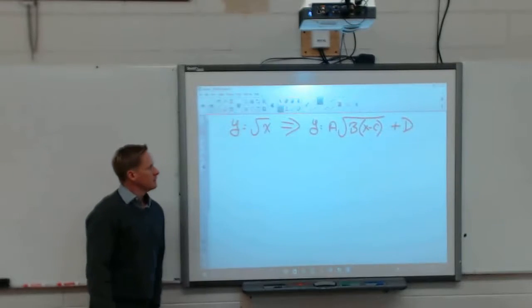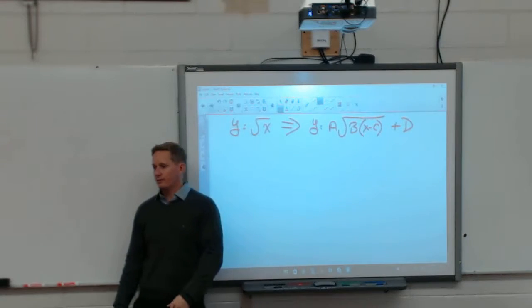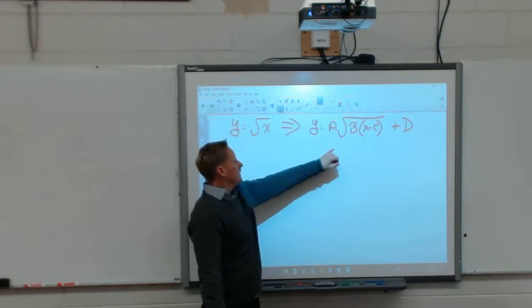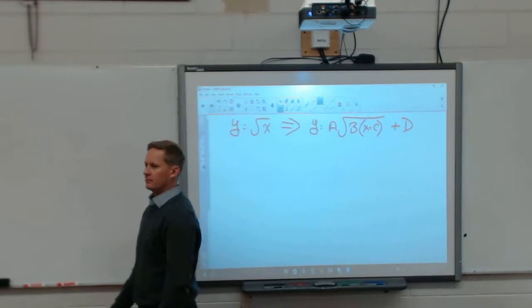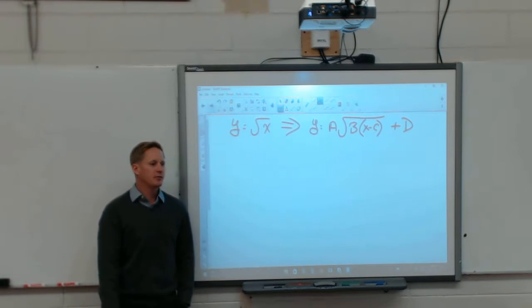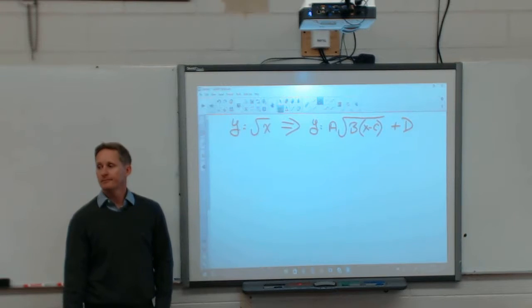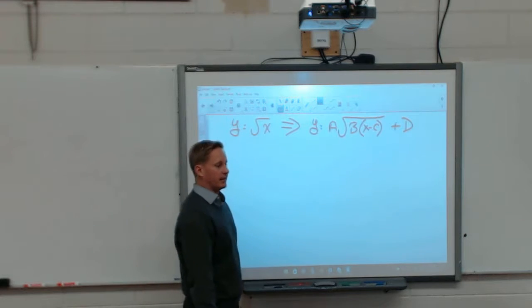Okay, so this is the standard equation for a square root, a radical graph, right? Now, what did c and d do to your graph? What did c do to your graph? Where was it? Moved it left and right.